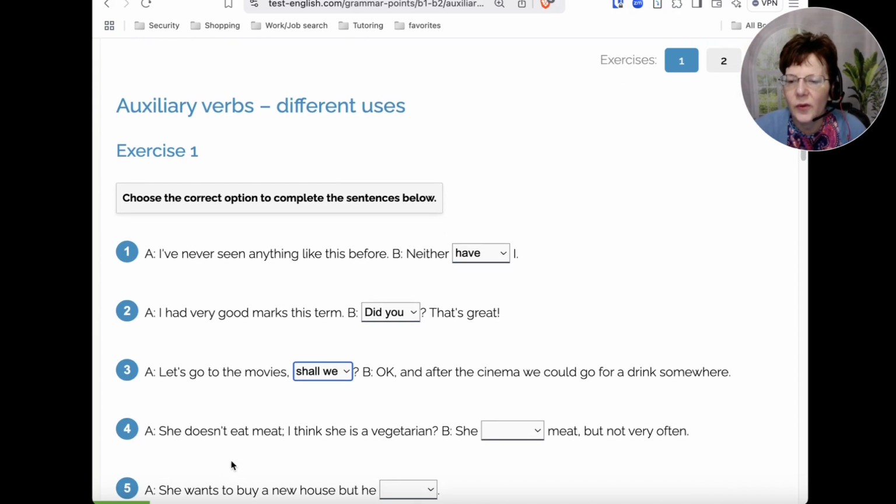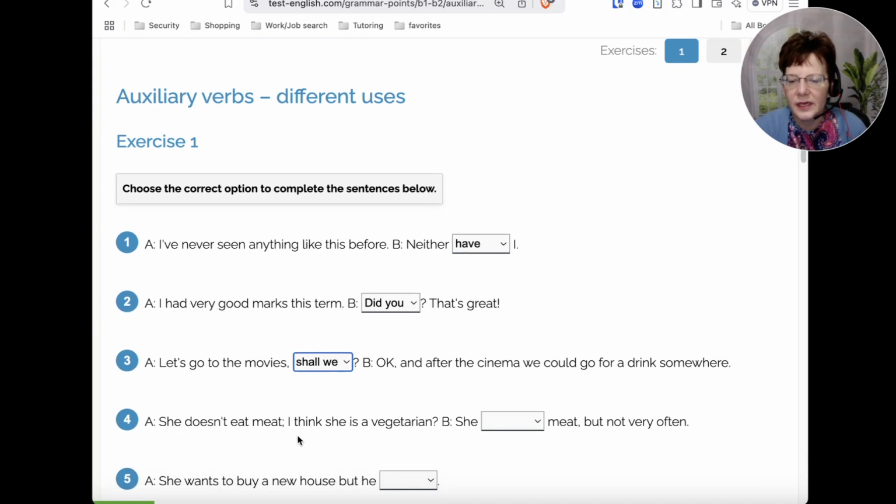Okay, number 4. She doesn't eat meat. I think she's a vegetarian. And then we have: she sure eats, do eats, or does eat meat, but not very often. If you chose the last one, does eat, that would be correct.